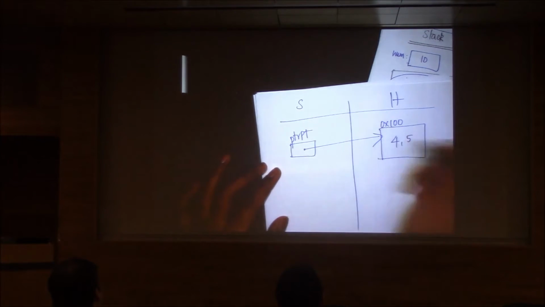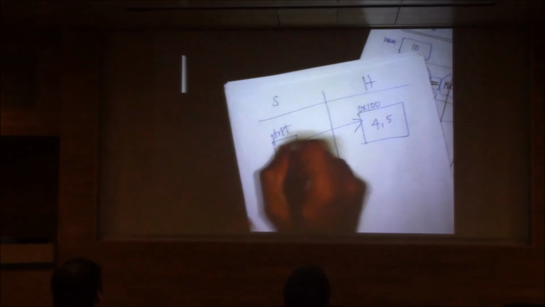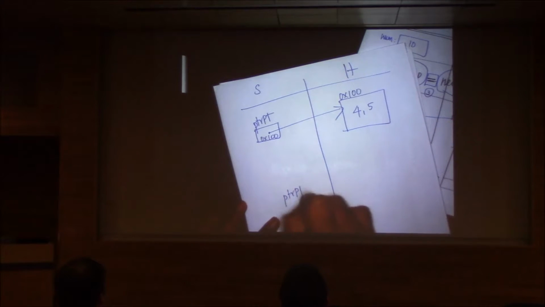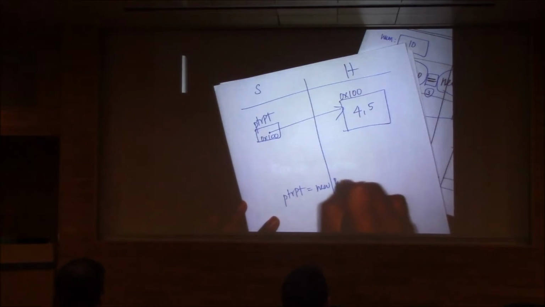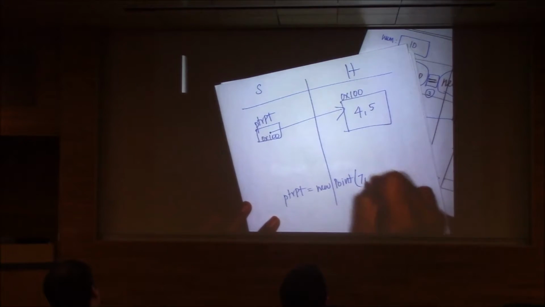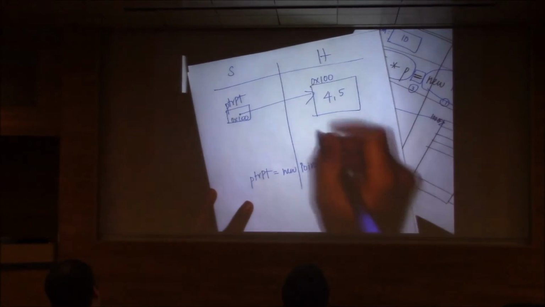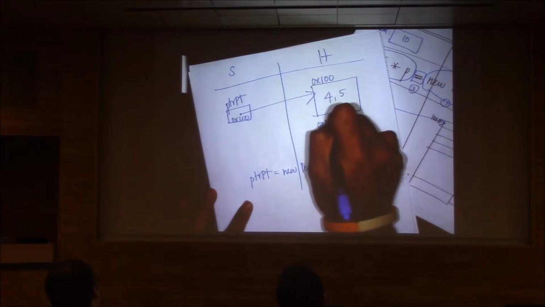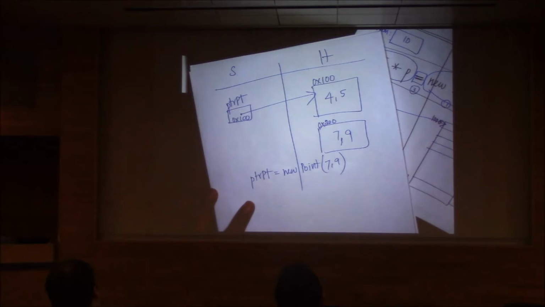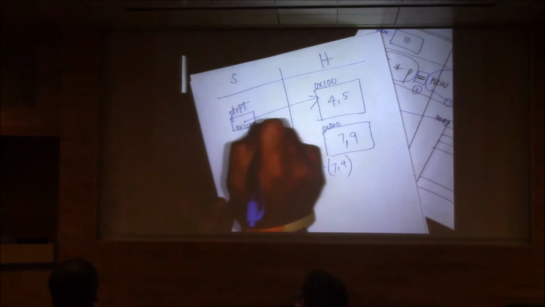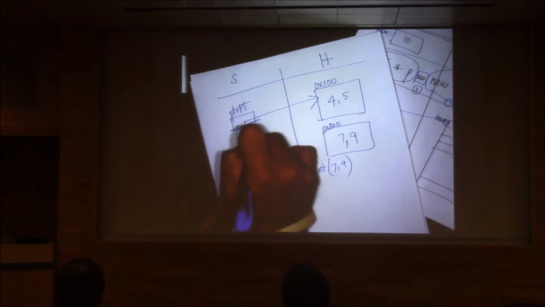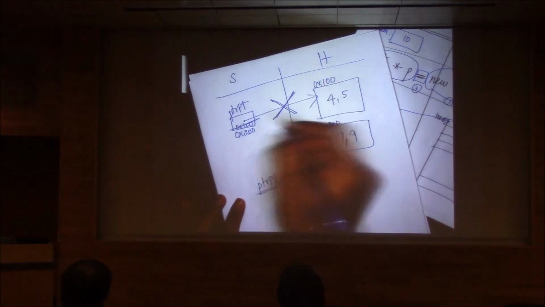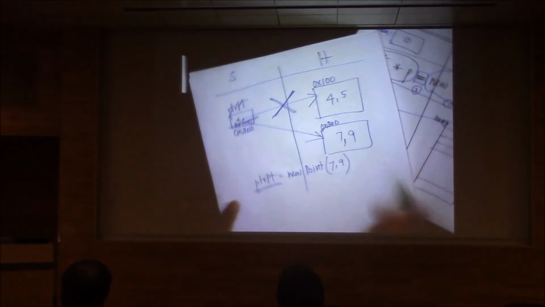Now this was pointing here because it had the value of 0x100, and in the line where you wrote ptr pt equals new point of 7, 9, you created a new point, the 7, 9 object, which would be at some other address, let's say 0x200, and you overwrote this value with 0x200. So this particular link is gone, and now this pointer started pointing here.